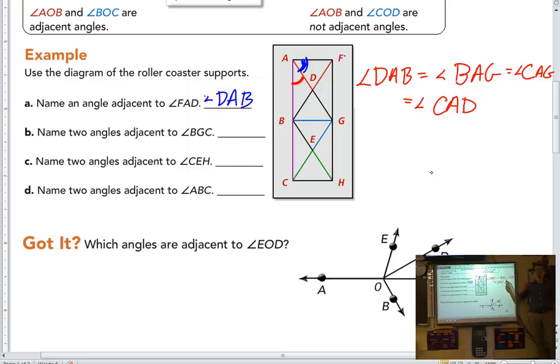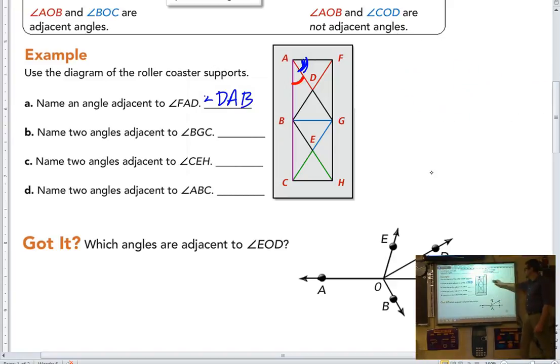But you don't list these because they're not different angles, they're just different names. So any of those would work on that line. I'll give you another minute or so.